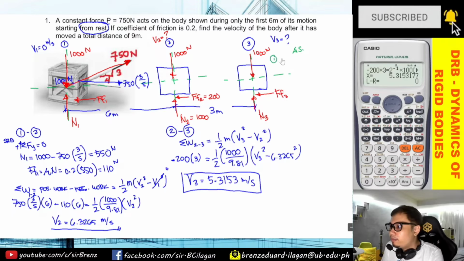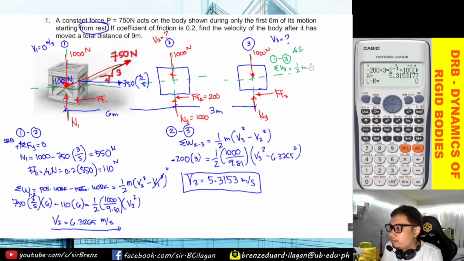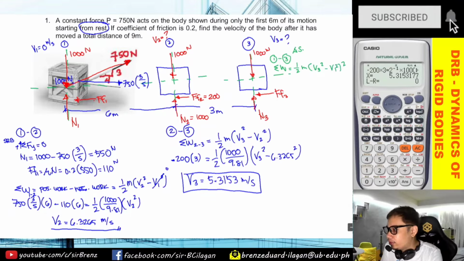So, considering from point 1 to point 3, again, the summation ng work is equals to 1/2 of m, so v sub 3 squared minus v sub 1 squared. So, guys, ito nga, ang ating initial velocity is 0. So, therefore, I can cancel out that one.